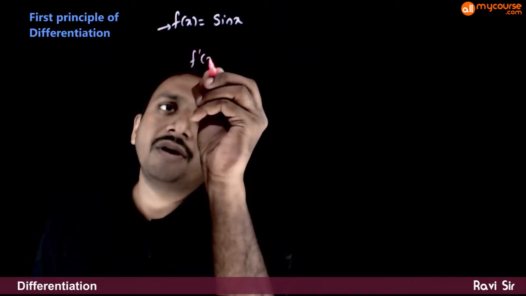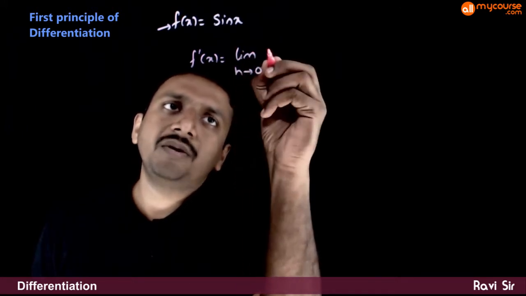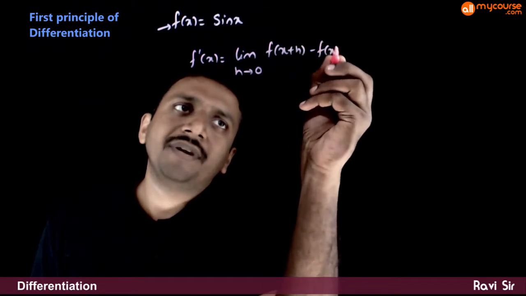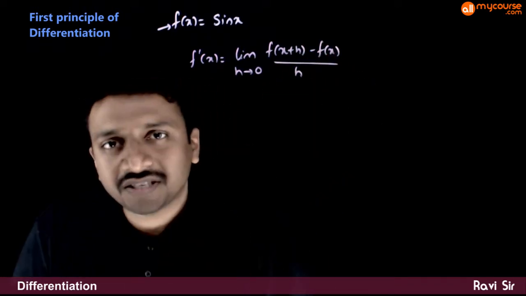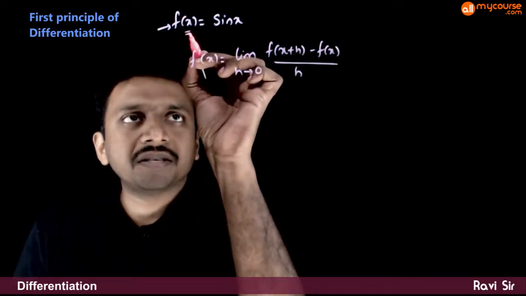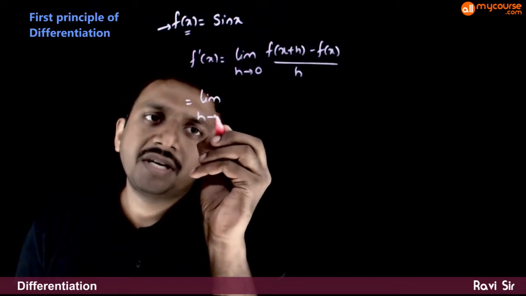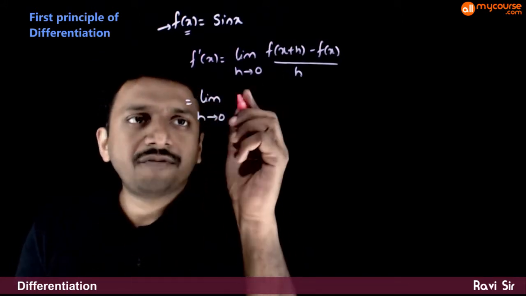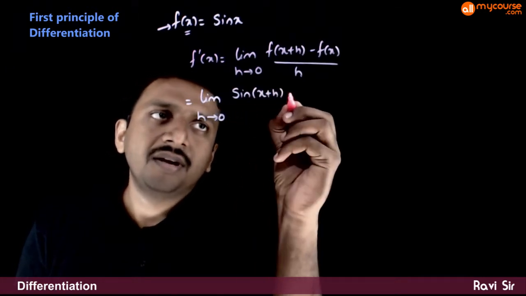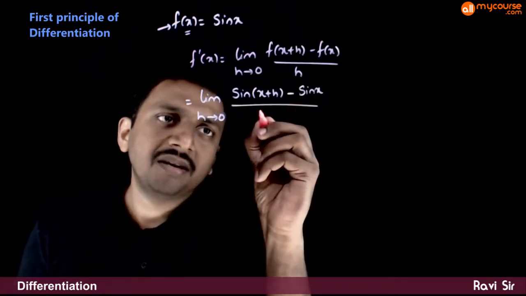So f'(x) is equal to the limit as h tends to 0 of (f(x+h) minus f(x)) by h. This is the first principle, differentiation of any function. So here f(x) is equal to sin x, so that is equal to the limit as h tends to 0 of (sin(x+h) minus sin x) by h.